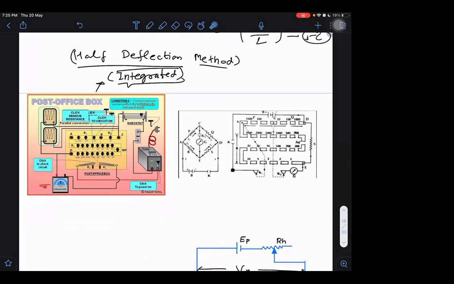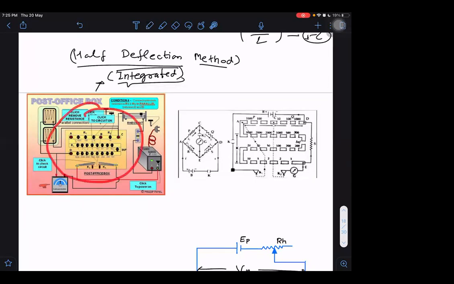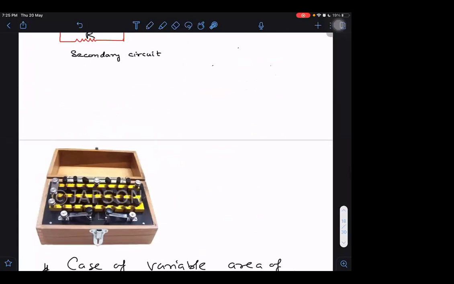See, you observe it appears to be a very complicated looking diagram. Somebody will get a heart attack by seeing the diagram only. So let us not see the real diagram first. First let us see how it looks in reality. This is called the post office box.